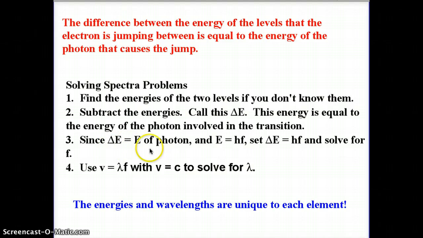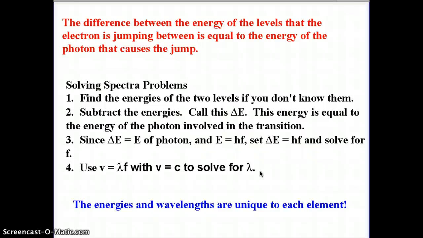So since that is the case, and we know that the energy of the photon is equal to hf, that's our formula for the energy of a photon, I can set that delta E value to hf, and I can figure out the frequency of the photon. And then if I want to find the wavelength, I can plug the frequency into v equals lambda f. Of course, these are particles of light, so they travel at the speed of light, and we can solve for the wavelength. So this is how you're going to do problems involving these transitions.